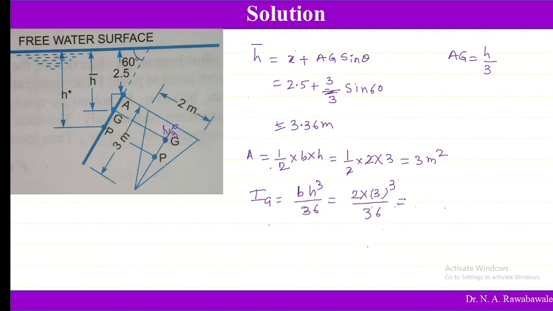Ig, that is the moment of inertia about the line passing through the center of gravity of a triangle parallel to the base of the triangle, is given as bh cube divided by 36. This works out to be 1.5 meter to the power of 4.